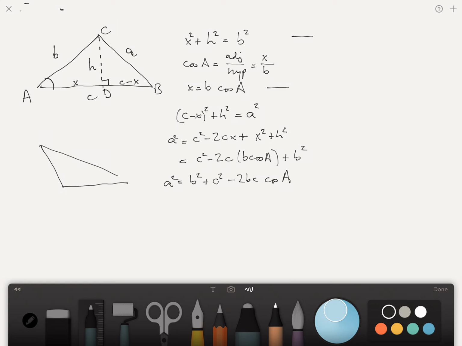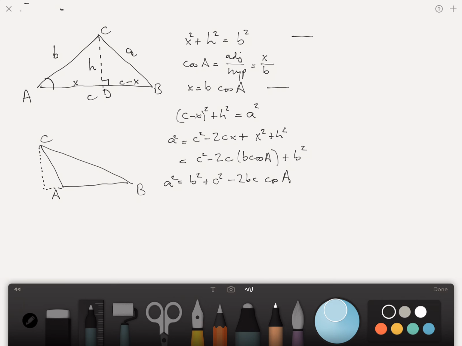Suppose the triangle were set up like this, so that now it's still A, B, C, but when I try to drop my perpendicular, it doesn't hit on that side of the triangle, rather it hits on an extension of the side.